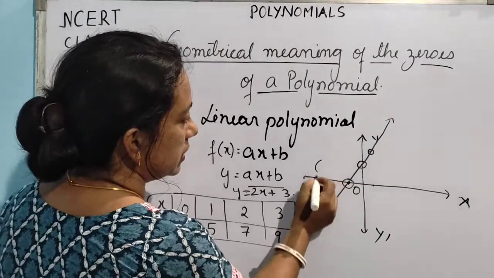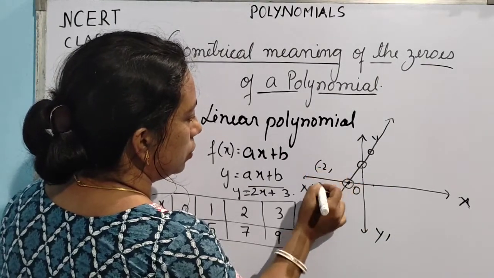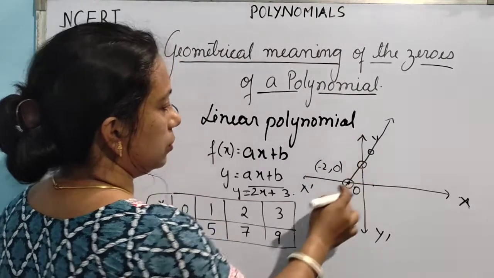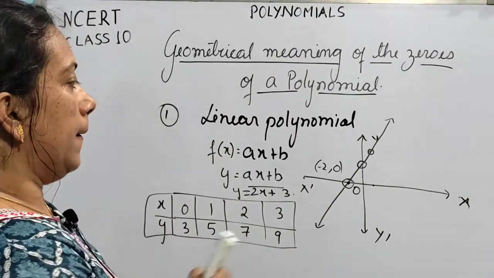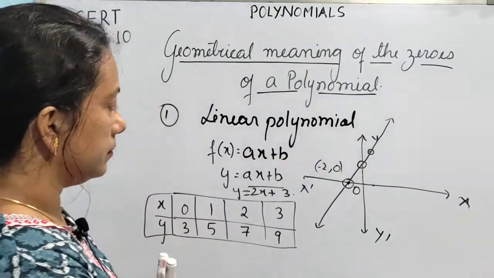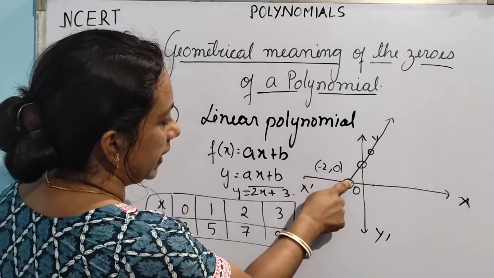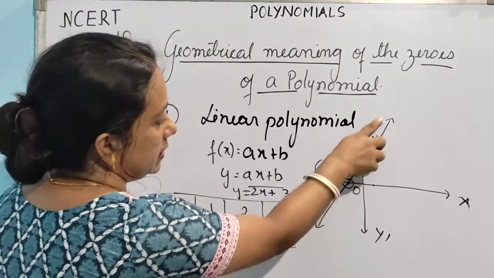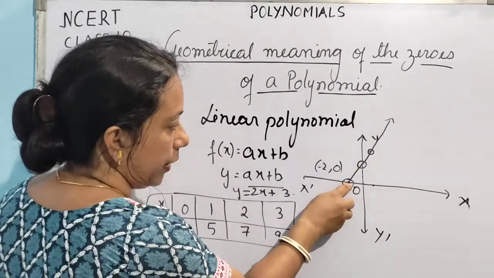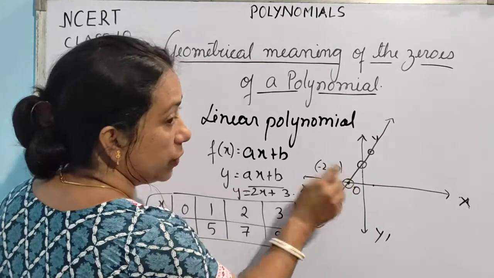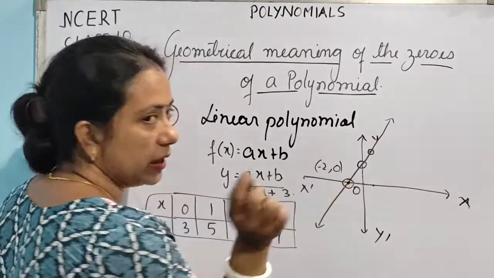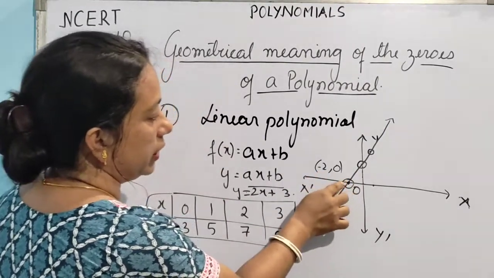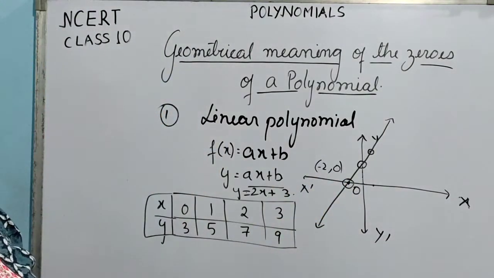Suppose this is (minus 2, 0), because on the x-axis y will be 0 only. The line is intersecting the x-axis at that point. Whatever is the x coordinate of that point, the x coordinate of a point is called the abscissa, isn't it? So that's why I am telling you that the abscissa of that coordinate will be the zero of the polynomial.